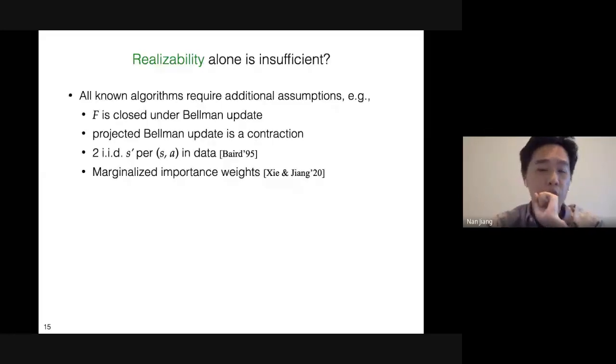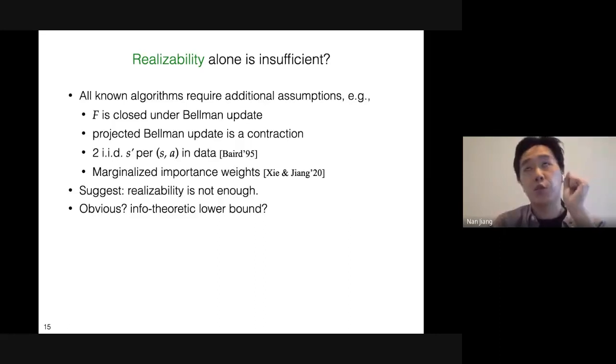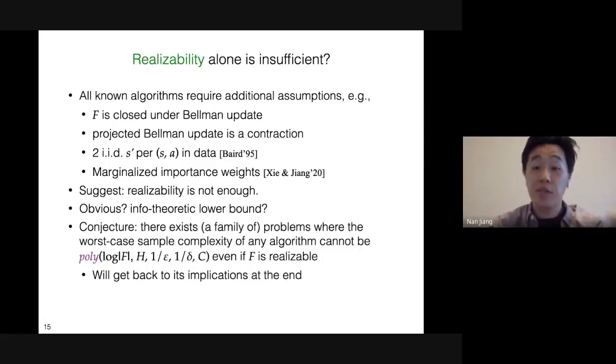So I think this is a pretty strong indication that we should be able to prove a lower bound that says if all you have is a realizable function class, it's not going to be enough. There is still an exponential lower bound, exponential in horizon, in terms of sample complexity. So this is what I'm conjecturing here. But it turns out that this is surprisingly difficult to prove.